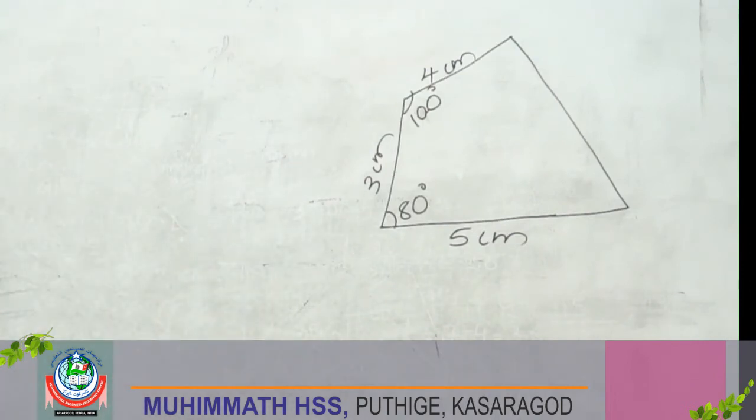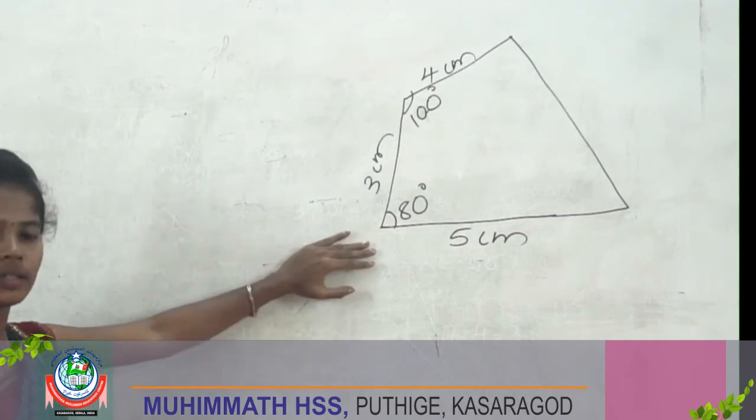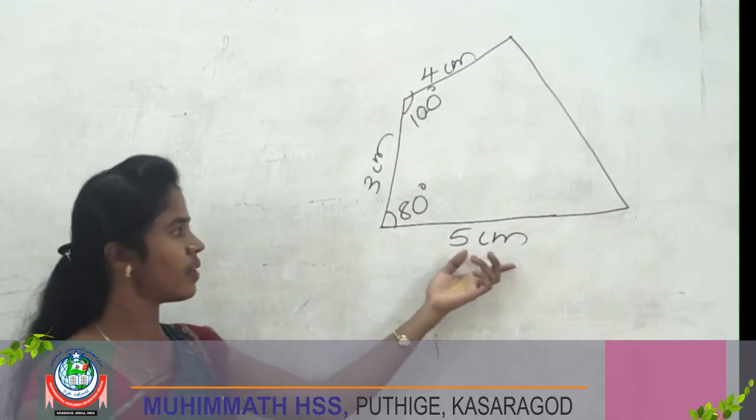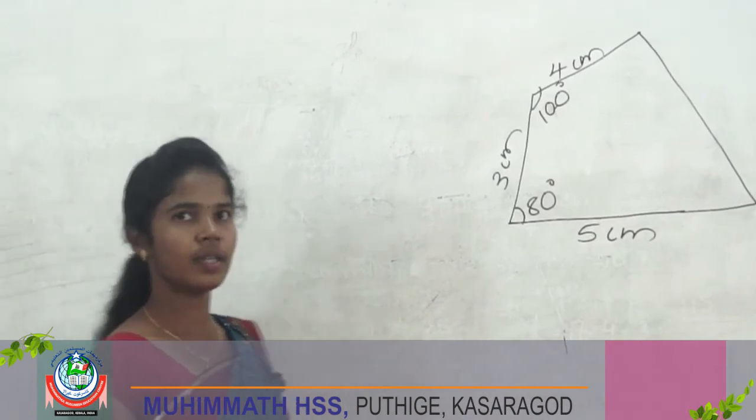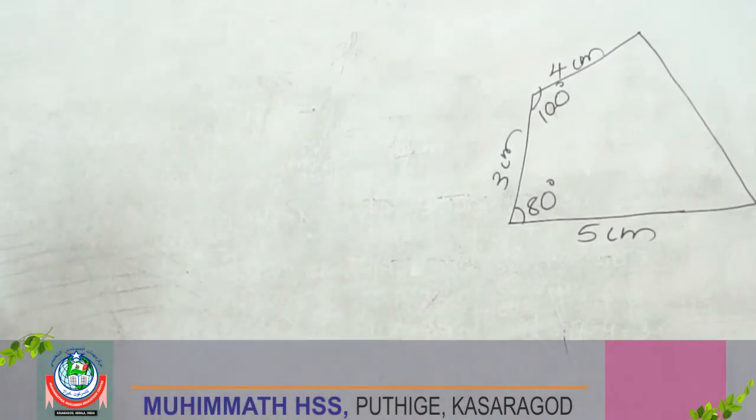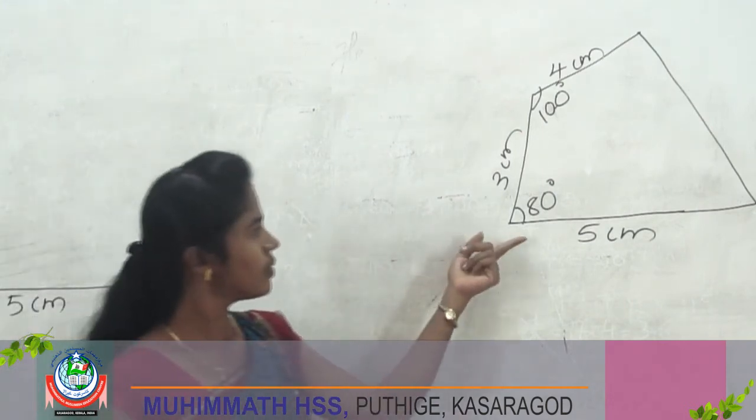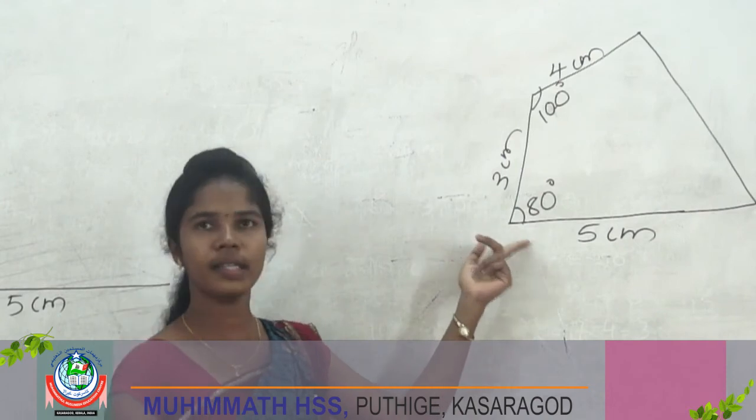Okay. So first step is draw a quadrilateral. Here the measures are given. Base is 5 centimeter. So you first draw base 5 centimeter. Then angle given is 80 degree.